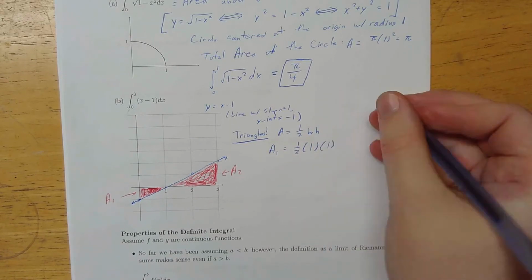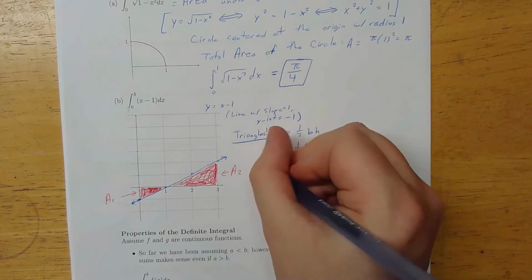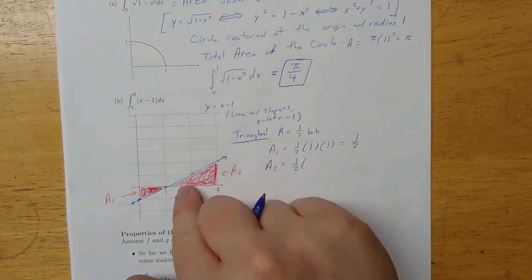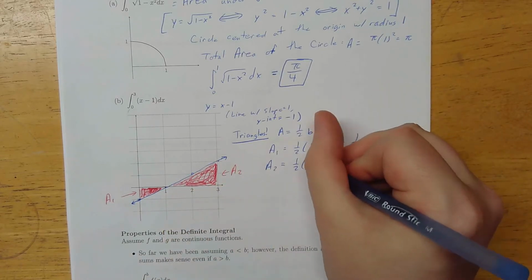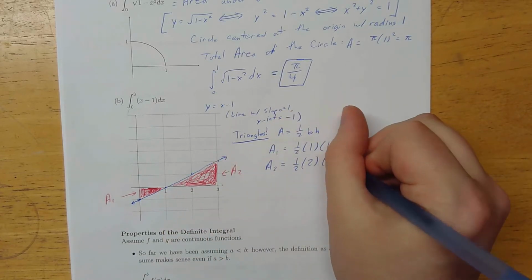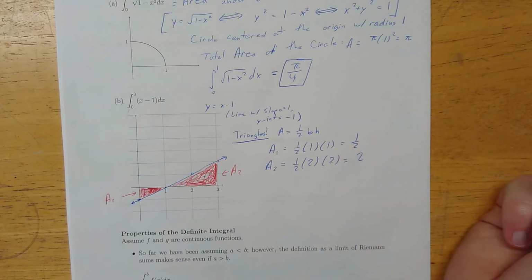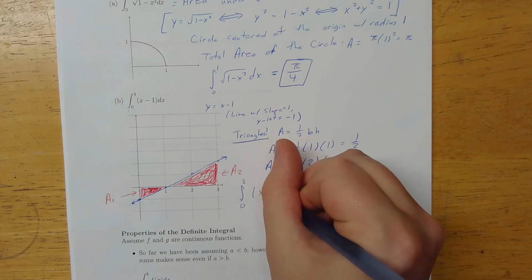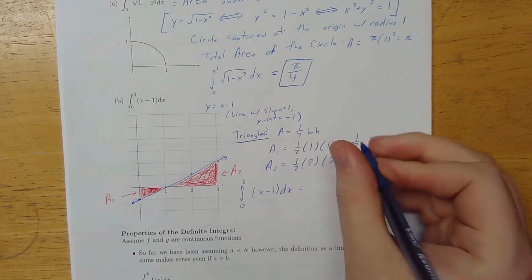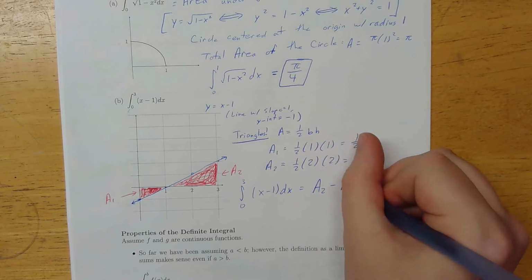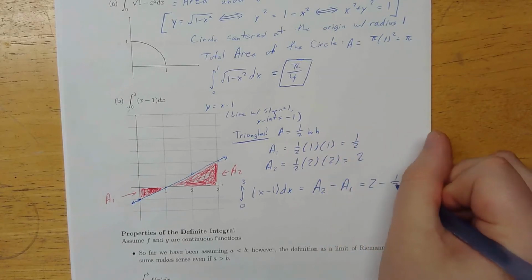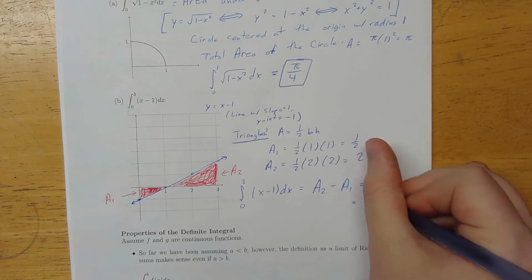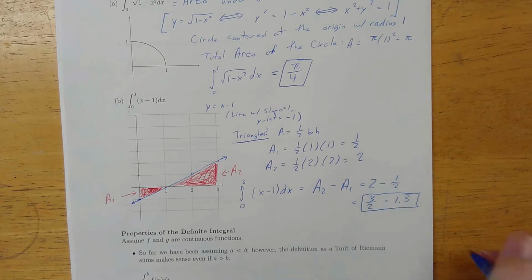So 1/2 times 1 times 1 will just be 1/2. For the other area, this will be 1/2 times, this has a width of 2 and a height of 2. So 1/2 times 2 times 2, which will be 2. So then to find the integral from 0 to 3 of x minus 1 dx, that'll be a2 minus a1, or just 2 minus 1/2, which will be 3/2, or 1.5. Either way is perfectly acceptable.